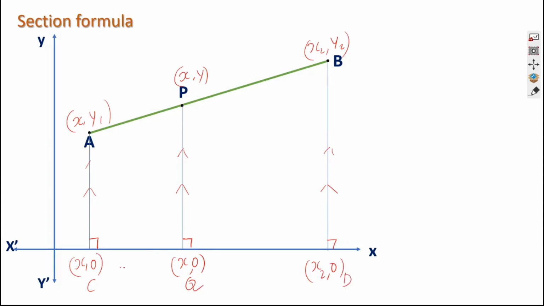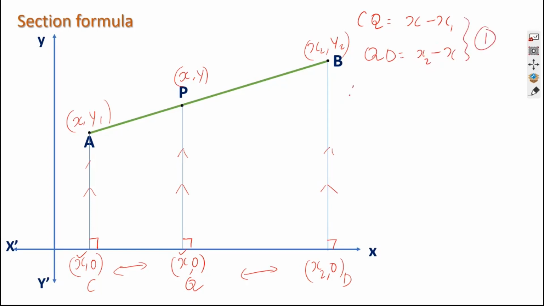If we are asked to find the distance CQ or QD, it is very easy, because CQ will be equal to x minus x1. Look here, x minus x1. And QD will be equal to x2 minus x, right? This we can very easily say.